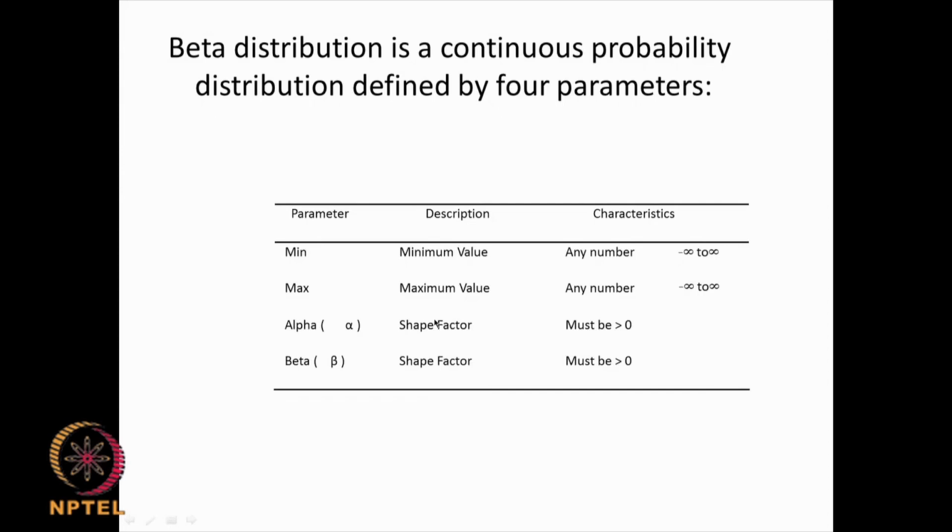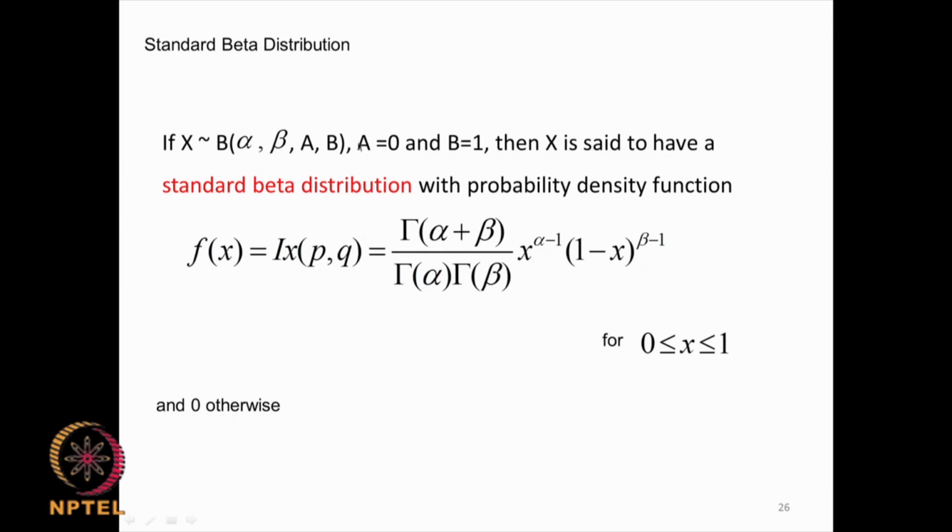So, you have 4 parameters here: the minimum value, which can be anything, and the maximum value, which can be anything. Alpha is greater than 0, beta is greater than 0, both are called the shape factors. You can have a special case, called the standard beta distribution, when A is equal to 0 and B is equal to 1.